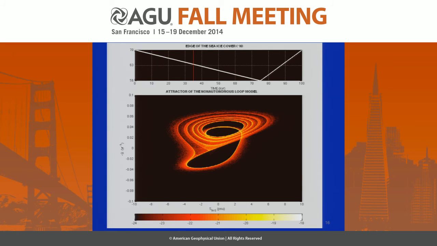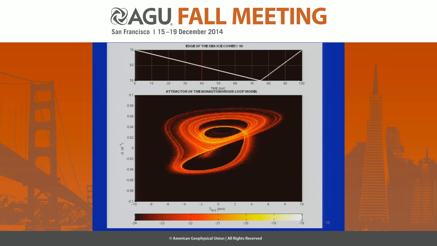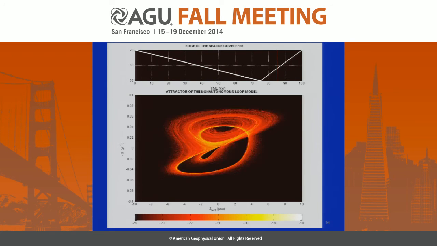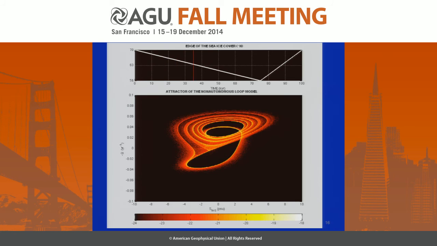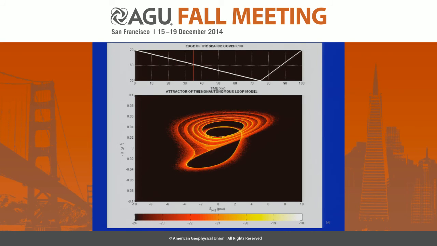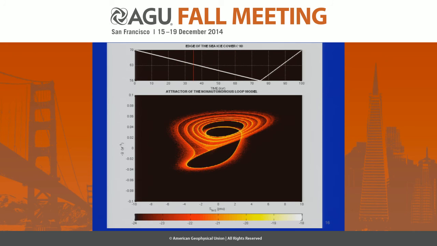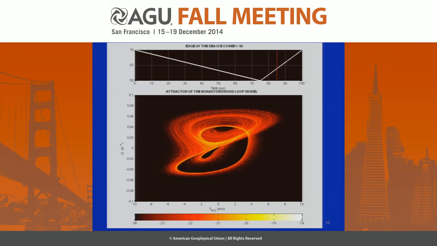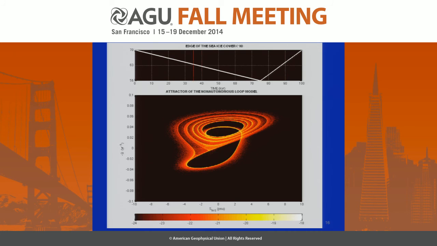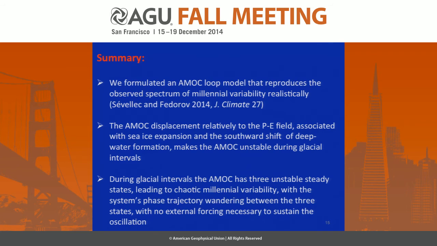So this is the glacial state here. And so you go to the last glacial maximum and then deglaciations. And during this time, you are going through all these different attractors. And that gives you this unstable behavior with somewhat different characteristics of variability along the glacial cycle.